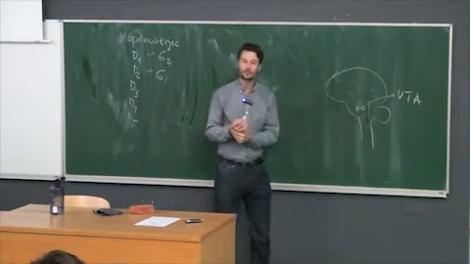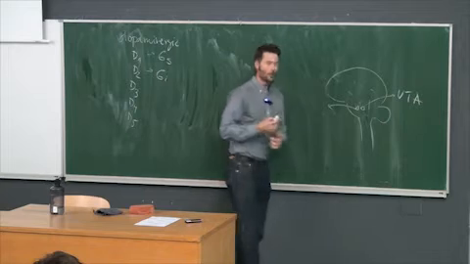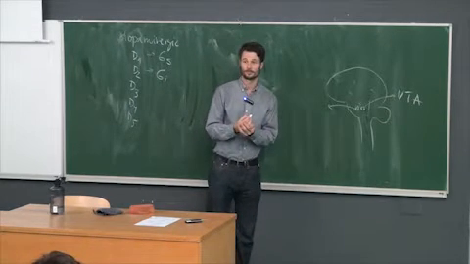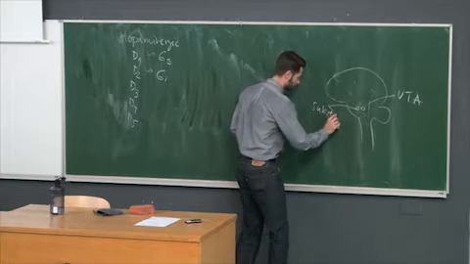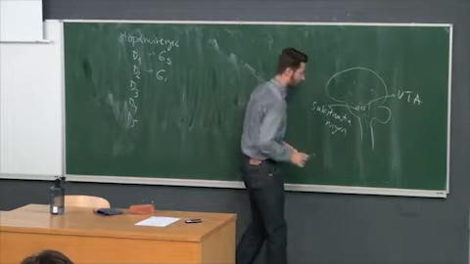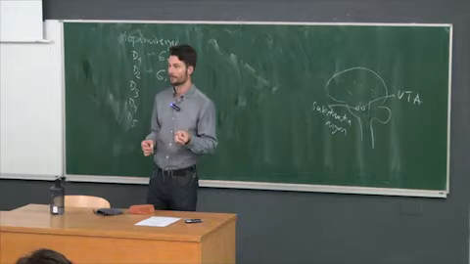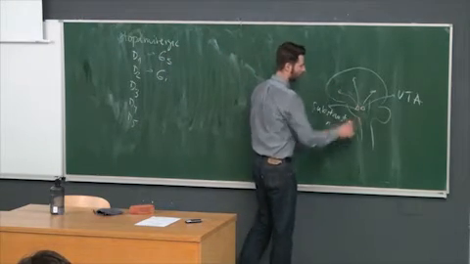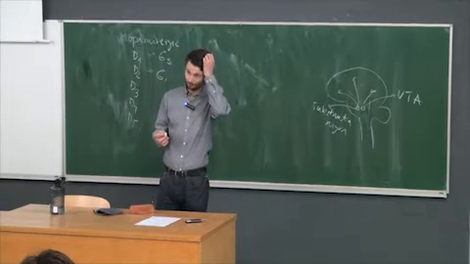One is called the ventral tegmental area. And the other one, which you may have heard about, is called substantia nigra, the black substance. So these are the 2 dopaminergic nuclei in the brain. Once again, from there, the axons are sent all over the brain.